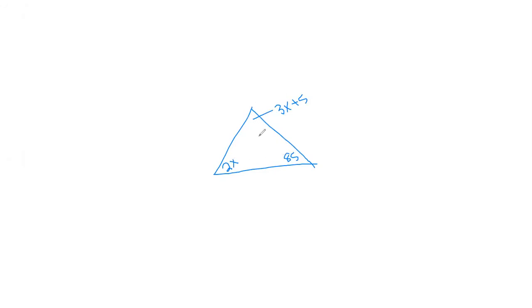I know all 3 interior angles add up to 180 degrees. So I'm going to go ahead and add them. 2x plus 3x plus 5 plus 85 should all equal 180.